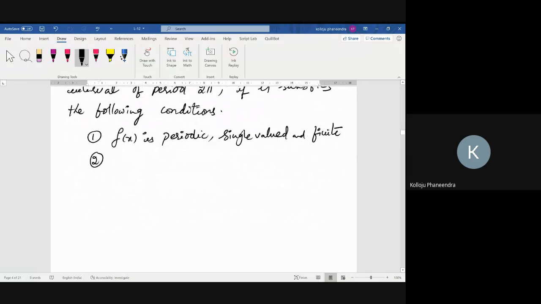And the second condition is f of x has a finite number of finite discontinuities.